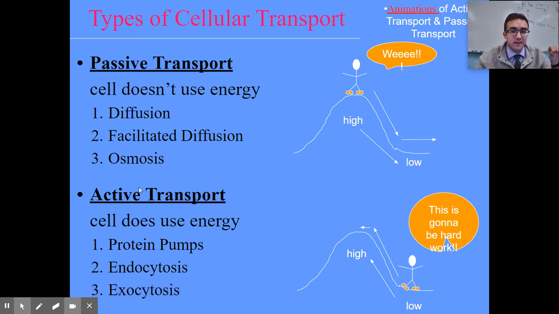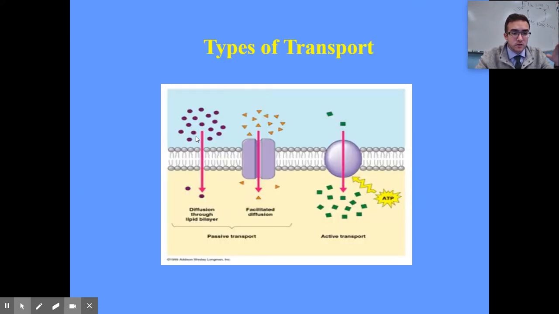But in this video, we're just looking at diffusion and facilitated diffusion. So we're looking at just these first two for passive transport. Now, the difference between diffusion and facilitated diffusion is simple. Simple diffusion occurs straight through this membrane here.